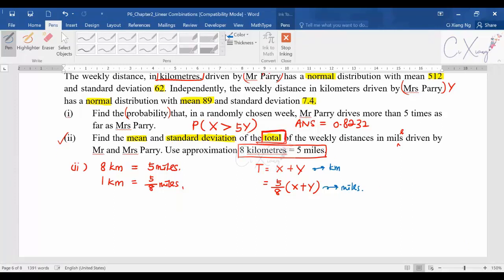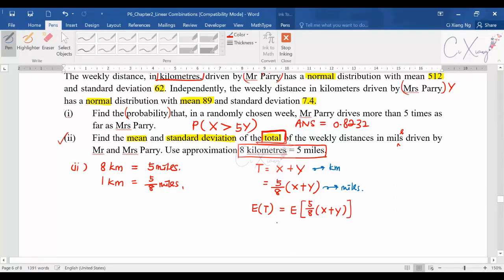Okay, all right, so now I want to calculate the mean for the total. To calculate the mean for the total, it will be E of 5/8 (x plus y). So I'm having 5/8, and then I have EX plus EY.